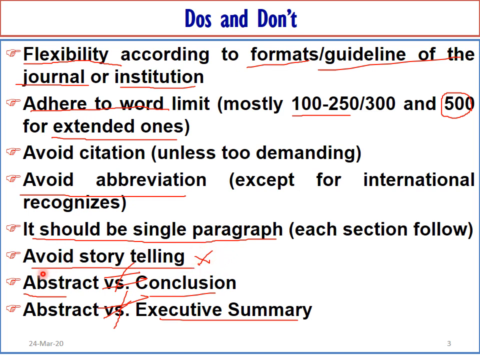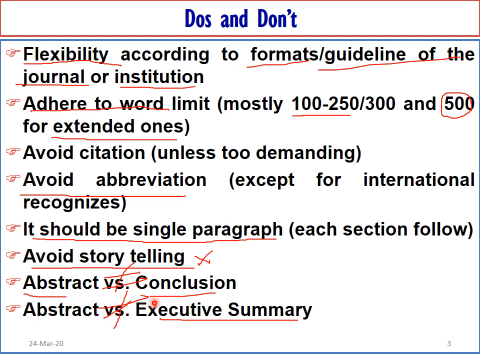advised. And one should understand that an abstract is different from a conclusion. An abstract is not equal to a conclusion. The way we write a conclusion has its specific criteria, ways, and principles, which are totally different from what an abstract is.